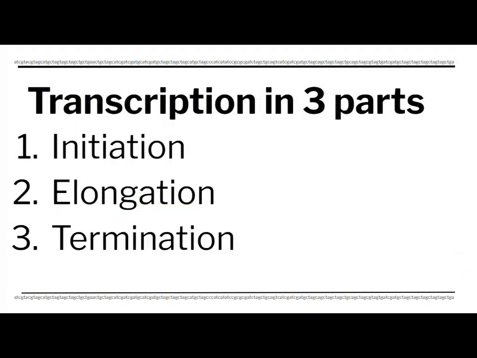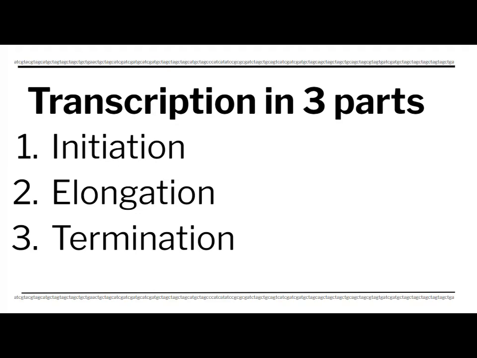Now, getting into the actual process of transcription, there are 3 parts. Usually, when we talk about transcription, or in the past, when you have talked about transcription, it's just been transcription. We're going to break it down because there are 3 steps to transcription. They are initiation, elongation, and termination.